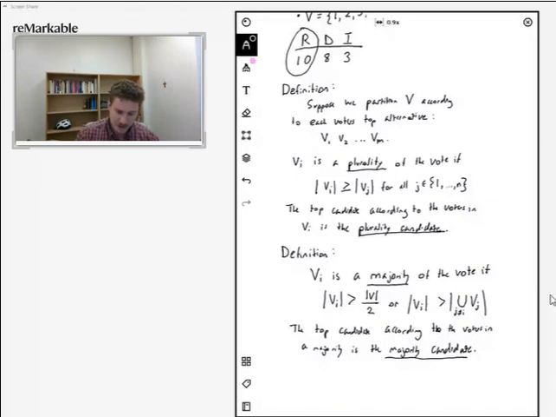If we changed the scenario, though, so that we had, let's say again, the Republican versus the Democrat versus the Independent, and let's say now instead 11 voters favored the Republican, 8 favored the Democrat, and only 2 favored the Independent. In this case, the Republican would qualify as both the plurality and the majority vote winner.